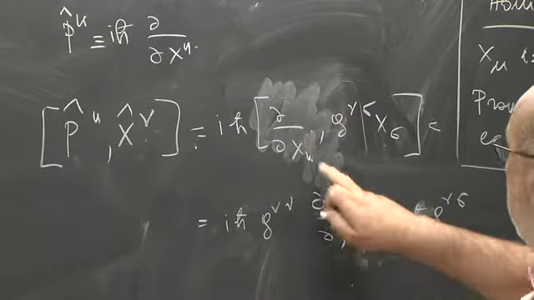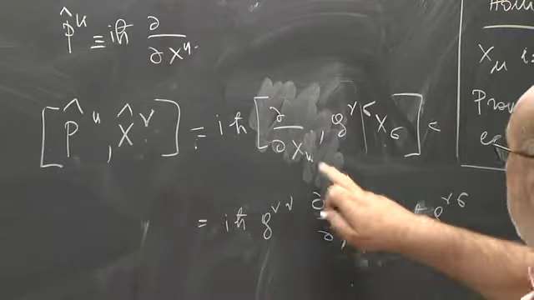Let's start with the non-relativistic case. In the non-relativistic case, the Schrödinger equation was i h bar d psi dt equals minus h bar squared over 2m nabla squared plus V of x, that is the potential, applied on psi of x and t. And we know that this is somehow the same as saying that the energy operator is equal to the momentum squared over 2m plus V of x, okay?